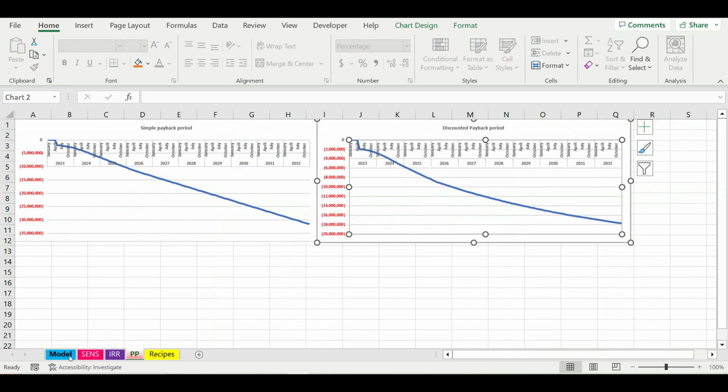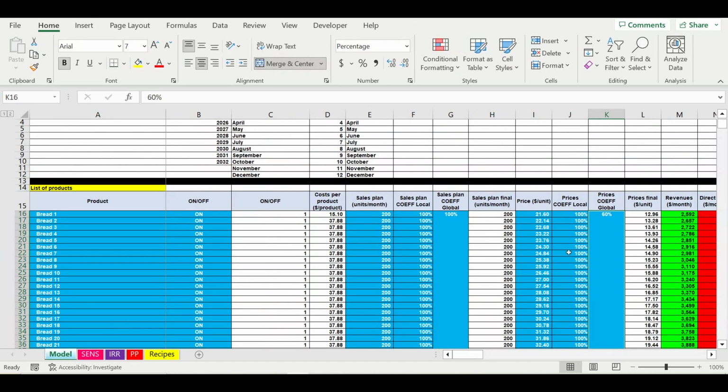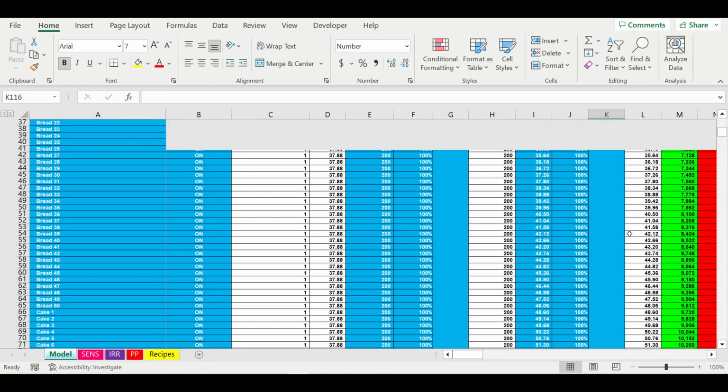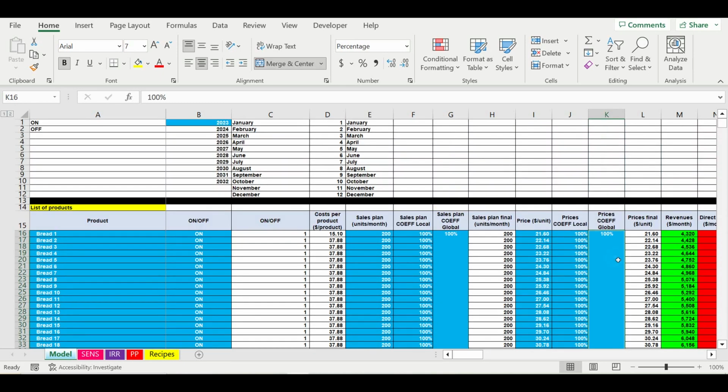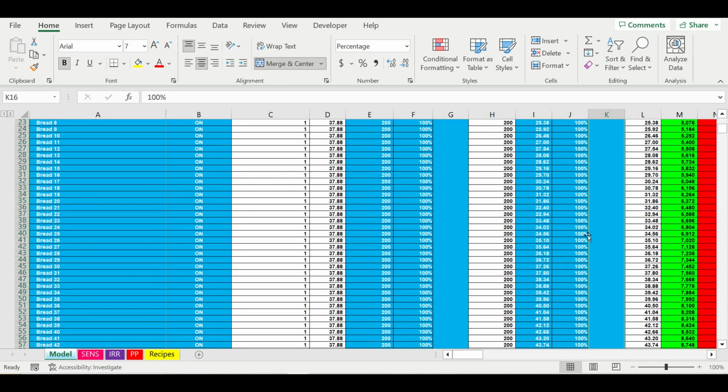And then he starts getting acquainted with his business idea. First he uses global coefficients, but then he starts using local coefficients. For example, what will happen if prices on specific product line items decrease by 20%?